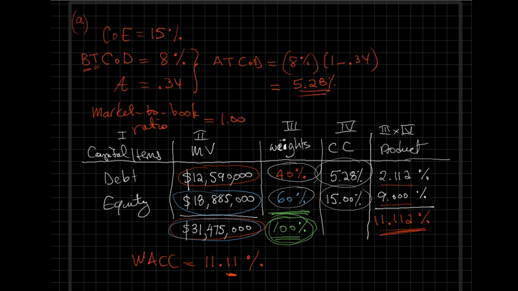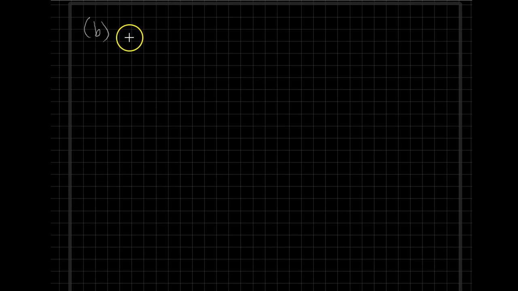For part B now, the only difference is we still have the other figures the same, except that there are some changes here. So first of all, we are told that the market to book ratio is no longer 1, but rather it is 1.5. So that's one change.